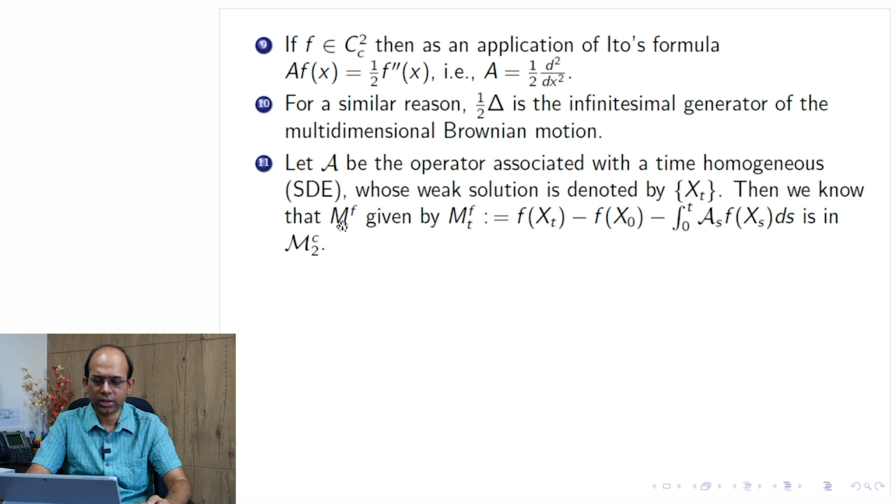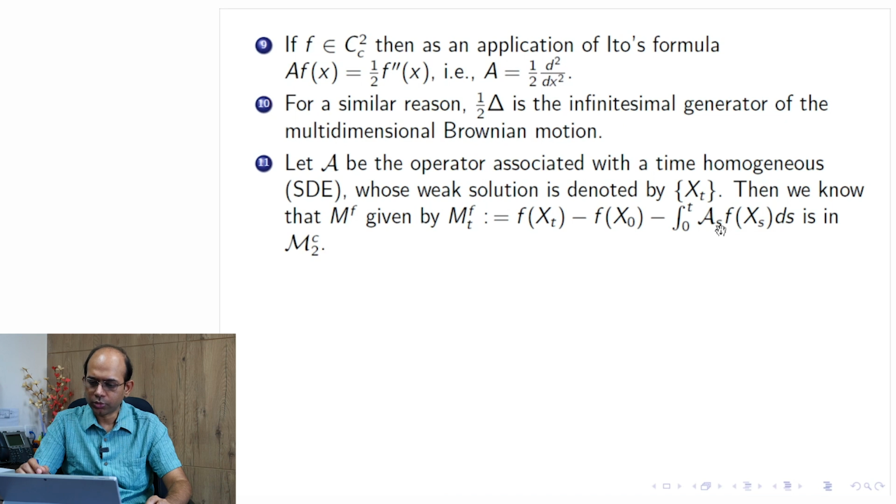We are just recollecting that M^f, a process given by M^f_t at time t, is defined as f of X_t minus f of X_0 minus the integration 0 to t of Af(X_s) ds. Here A is independent of time, so I should not write an s-dependence, because we are talking about the time homogeneous case.